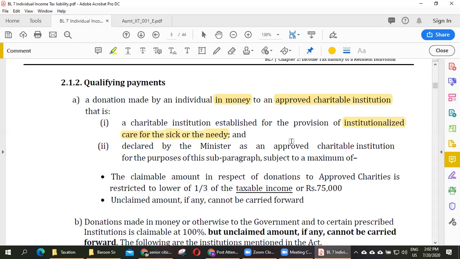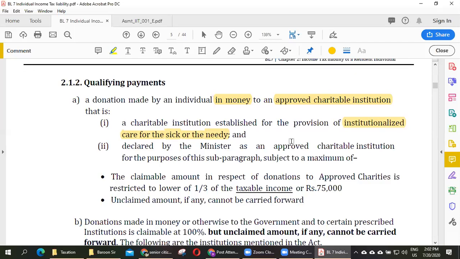What do you mean by sick and needy people? There are people in our society who are given up by their relatives, aged parents, right? They are admitted to what is called HelpAge. Do you know that HelpAge institution?